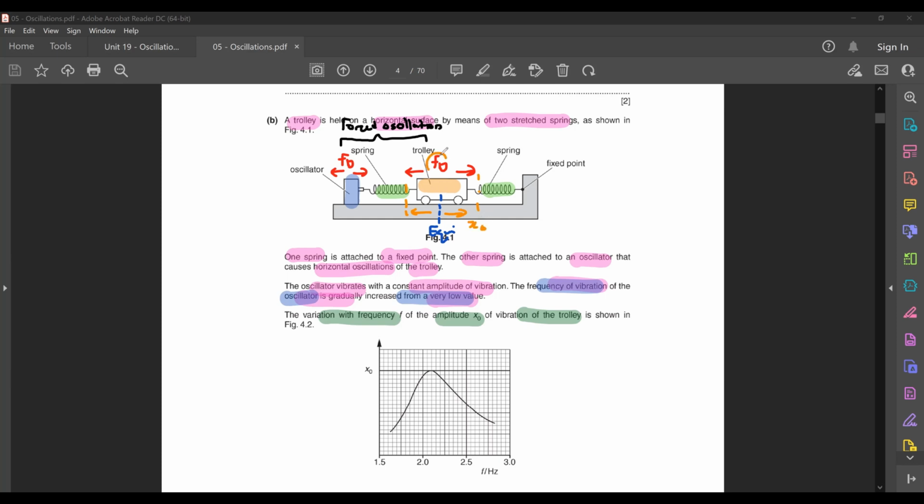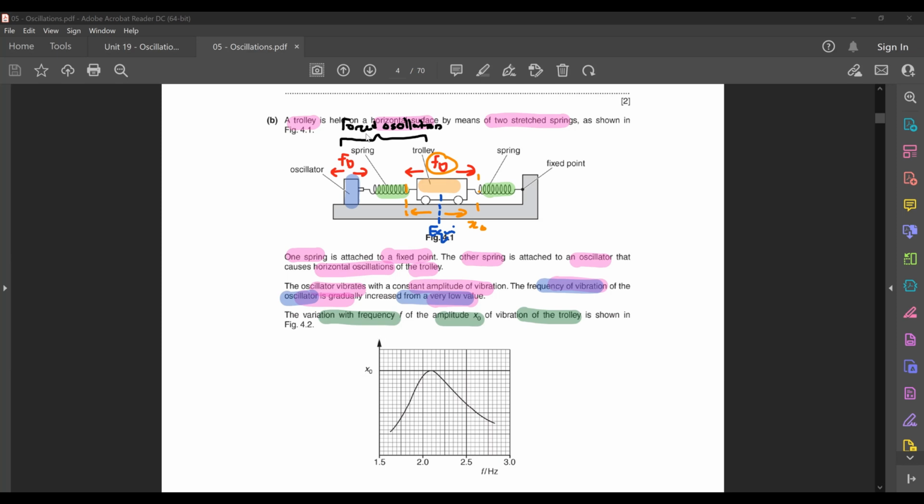Now the thing is that if you're using different frequency for oscillator, your trolley will oscillate with a different frequency also, and their respective amplitude will also be different. So right now you are interested in finding out how does the amplitude vary with the frequency of vibration of your trolley. So that is shown by your graph below here.